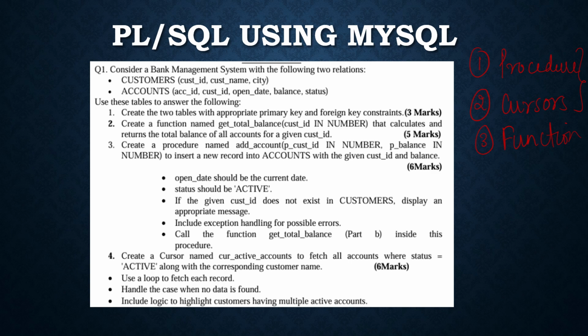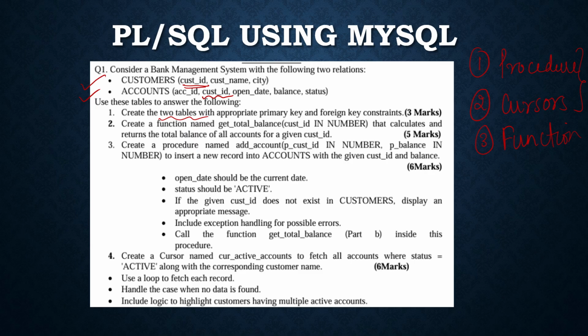This is on bank management system. It has two relations, customers and accounts. Now you have to create two tables. I hope by your prior knowledge you will be able to do that with primary key and foreign key. What will be the foreign key? Customer ID. As we can see, primary key of first table and foreign key for second table.